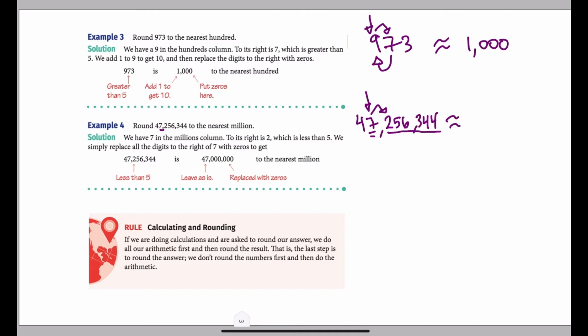Because even though 47 million is big, 256,344, that's big too. It's just not big enough to get us close to the next million. So in this case, since the 2, the neighbor number, was a small number, we round off or round down.